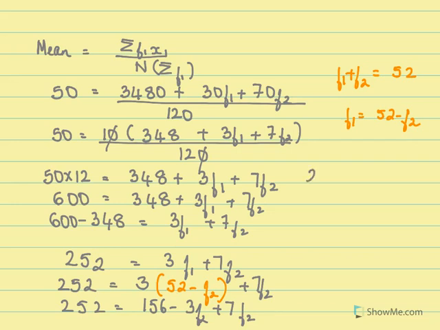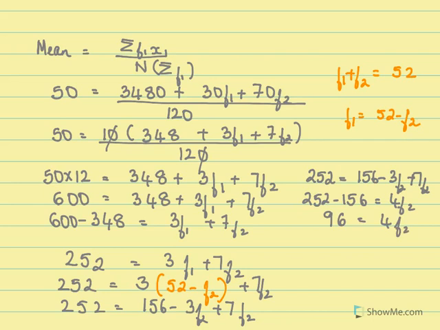So we continue with this. 252 minus 156 equal to 4F2. So we have 96 equal to 4F2 and F2 equal to 96 by 4. So F2 equal to 24.